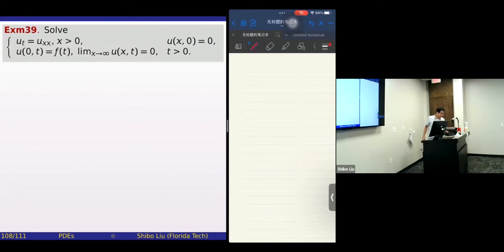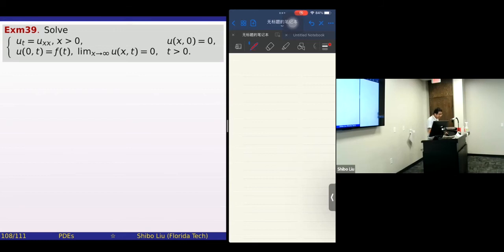This problem is the same as the previous one. In the previous one, the small f is the constant function 1. But now we consider that it is a function f(t). That is, the temperature at the left end point of the half infinite rod varies in time, obeying the law f(t).